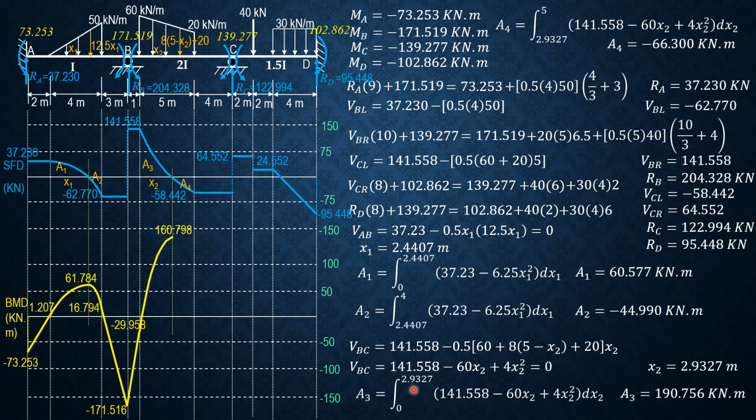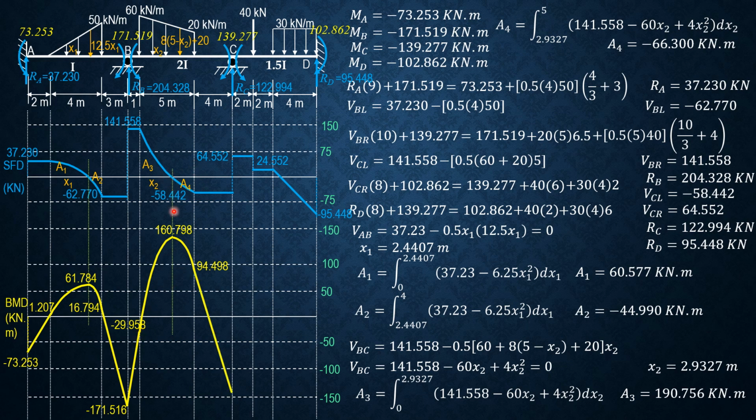Then area 4, let's put the calculations here. From 2.9327 to 5, the limits, same shear equation, then dx2. And area 4 is expected negative. Area 4 is negative 66.300 kilonewton meter. So we then plot, we have positive decreasing. It looks like that.